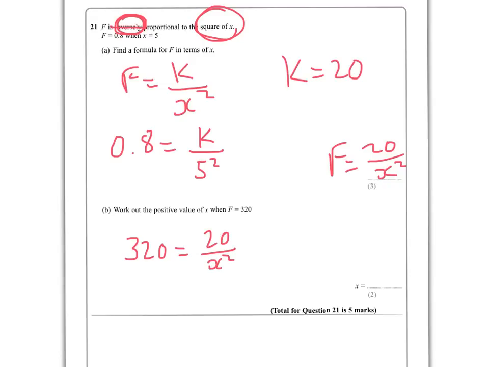That's because when you square root something, we're going to basically get x squared equals 20 over 320, simplified down to 1/16. When you square root that, you get plus or minus the answer. Now the square root of 1/16 is 1/4. And there we go, all done.